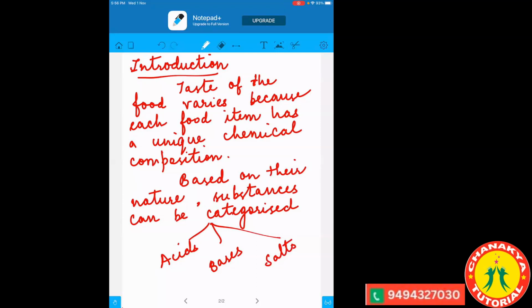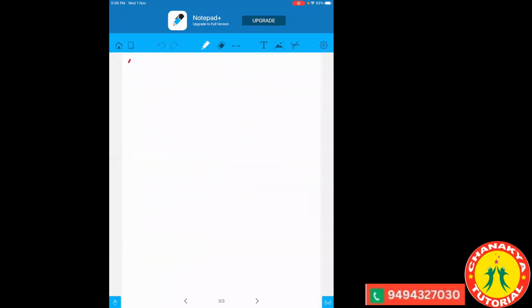We know very well that different kinds of food taste differently, and this happens because of the different chemical composition in each and every food item. Depending on the nature, they are divided into three broad categories: acids, bases, and salts. We will be starting first with acids.